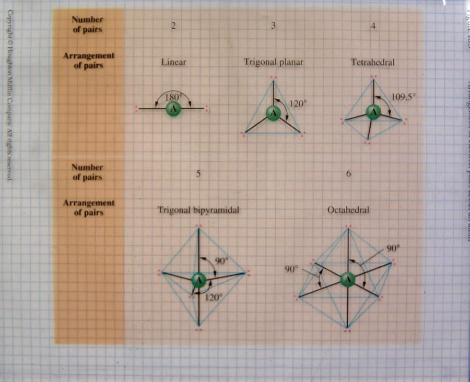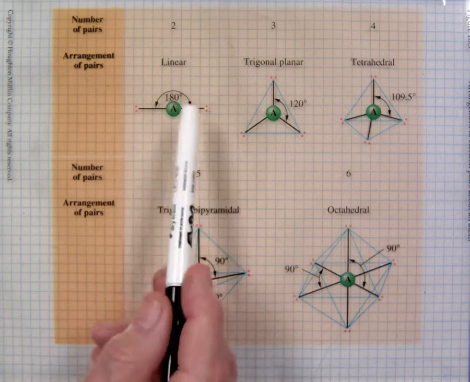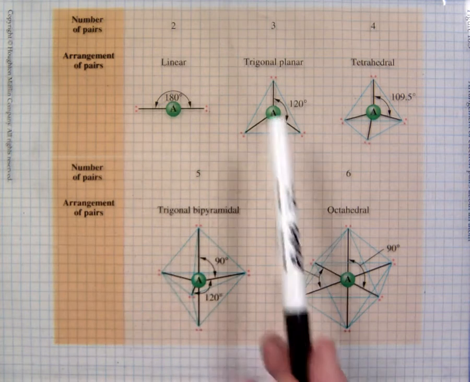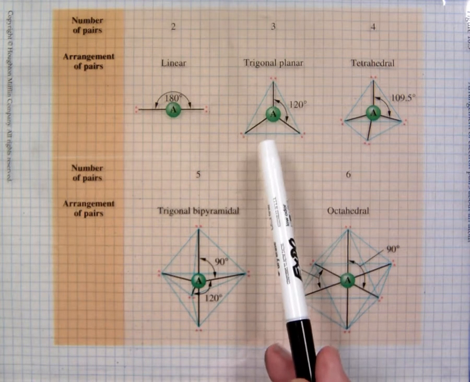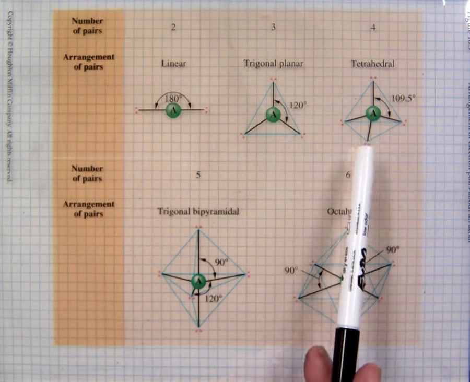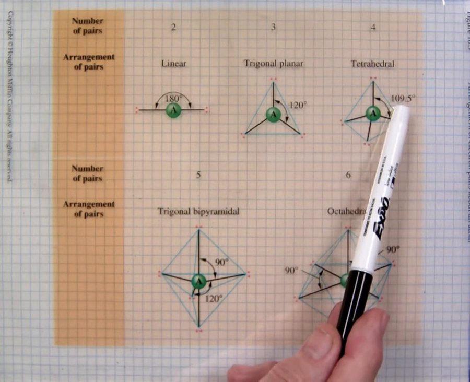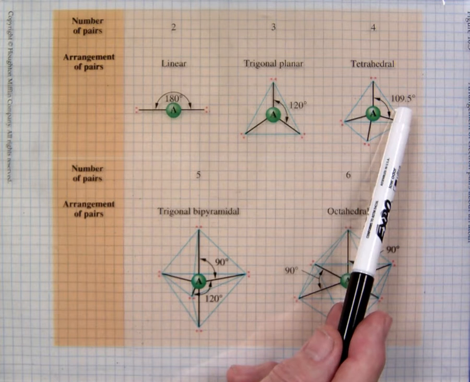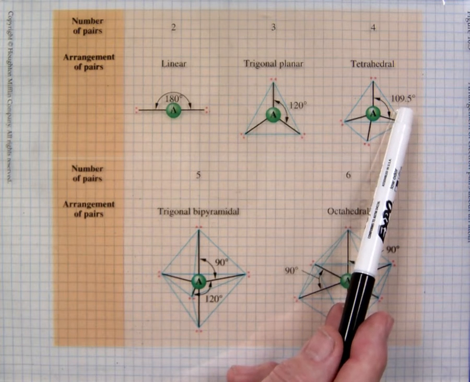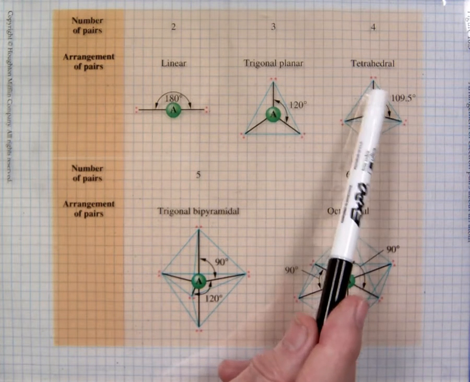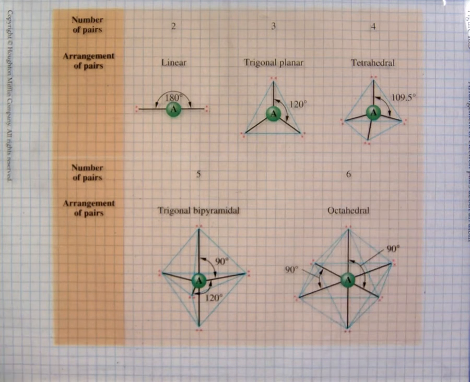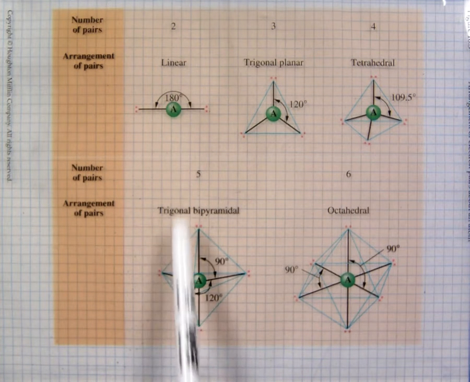Yeah, you can see these okay. Here's your linear parent right here. Here's your trigonal planar right here. Here's your tetrahedron we just played with. Try to remember that 109.5 bond angle in there. When everything's bonded out, it's 109.5. But if we substitute or leave something off, that bond angle will change. I'll get to that toward the end of this.